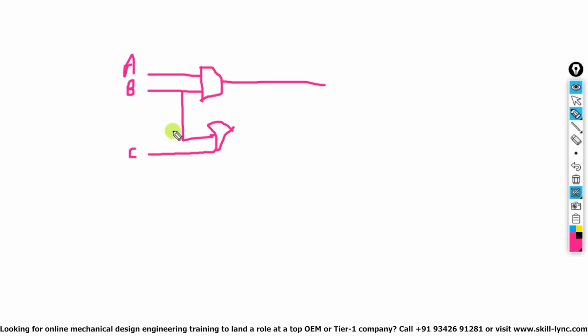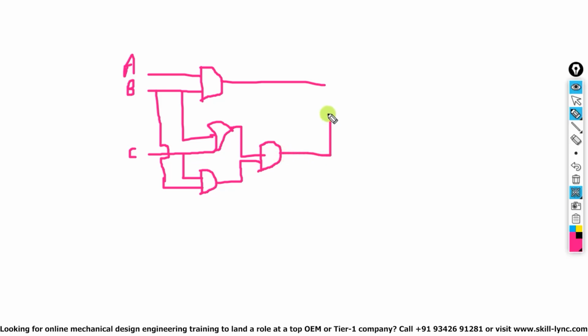This is C, and this OR gate has two inputs, one is B and the other one is C. And this C is also fed to the AND gate, and this B is also fed to an AND gate. And this is having a further AND gate, and the output of this plus the output of this goes to an OR gate.